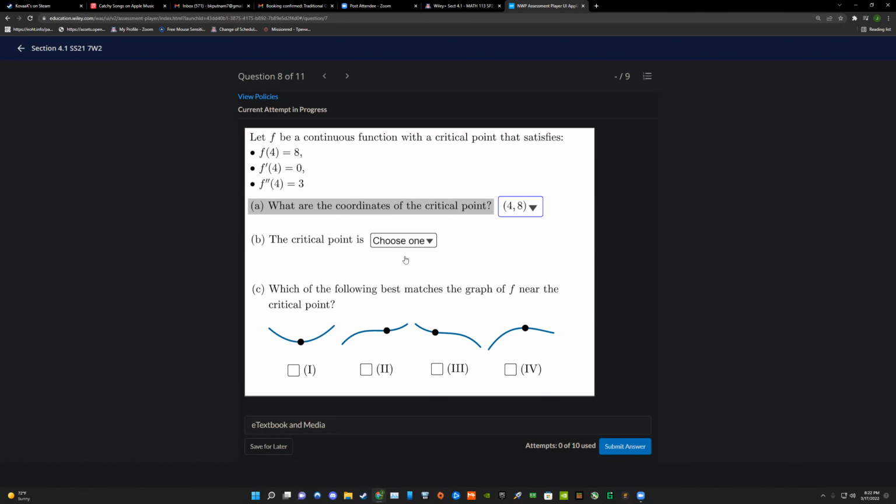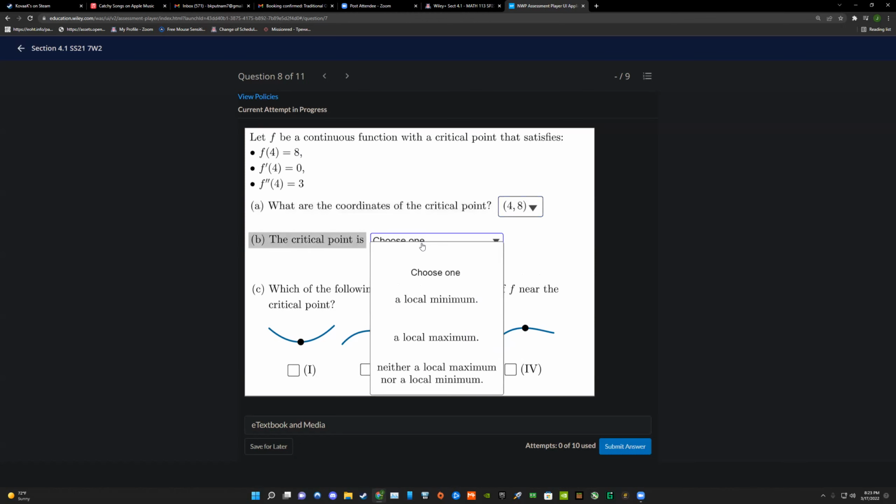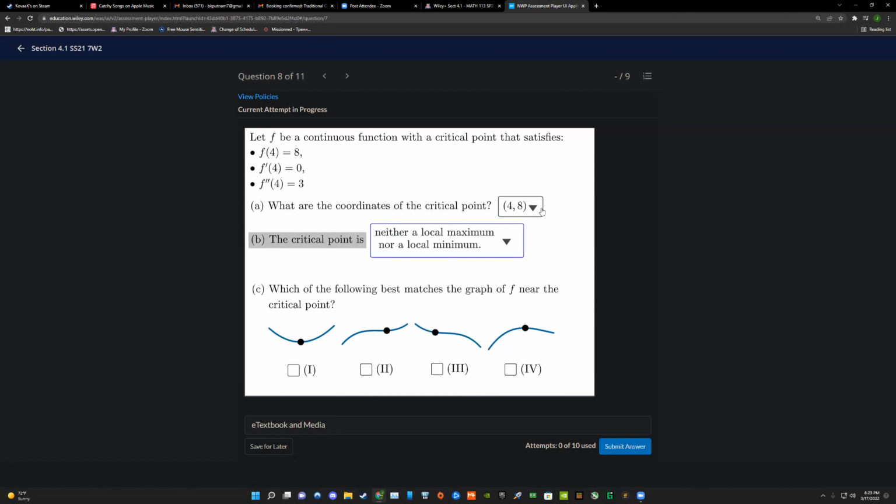Oh, okay. The critical point is this, and is it a min or a max? How do you know? Well, there's this thing called the second derivative test. Did you recall hearing about that? I heard of that.